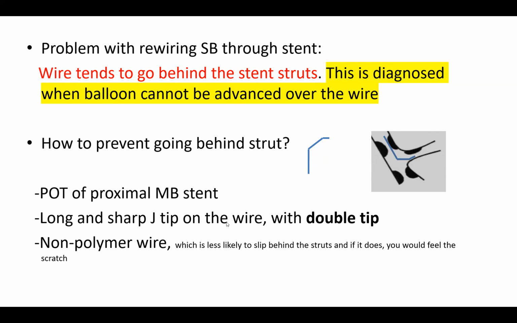So wire tip shaping. Two, like I explained, try to use non-polymer wire if you can. In tortuous and difficult cases, if you absolutely have to, you need non-polymer wire, but try not to, at least as first line. Do POT, as we explained. It's key to do a good POT before you rewire.